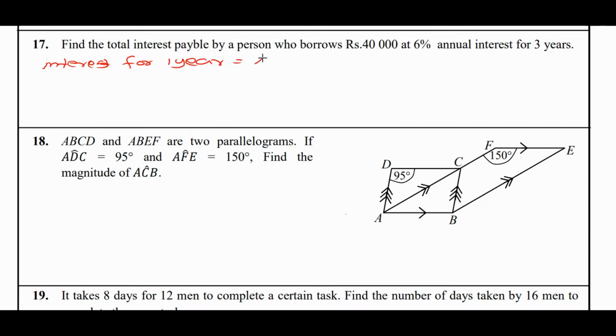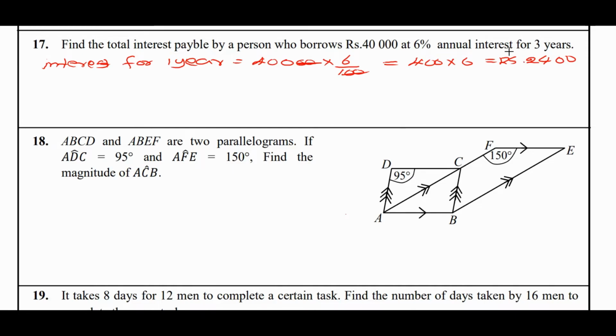Interest for 1 year means 40,000 into 6%, means 6 out of 100. Then we can calculate this one. 400 into 6, that means rupees 2400 for a year.